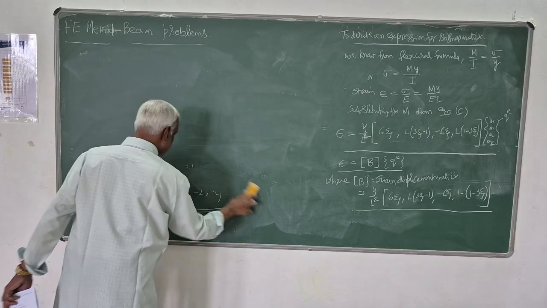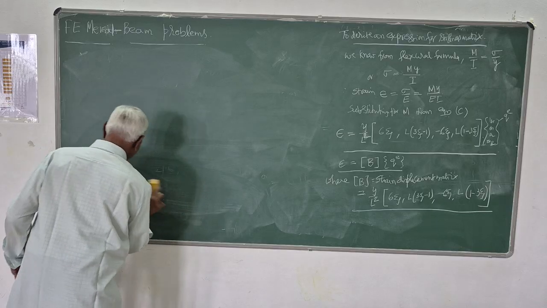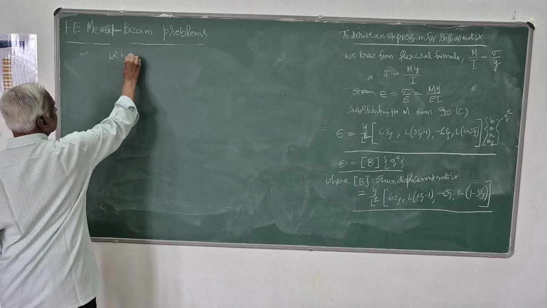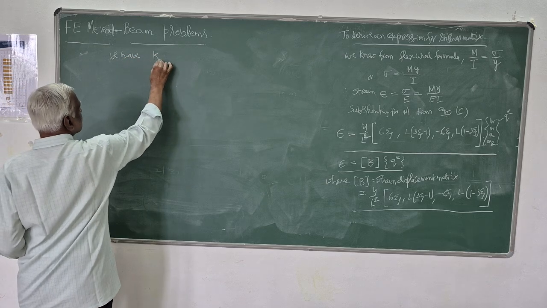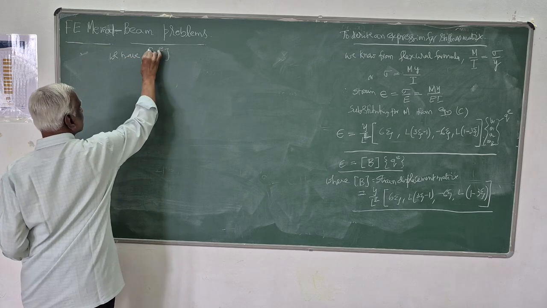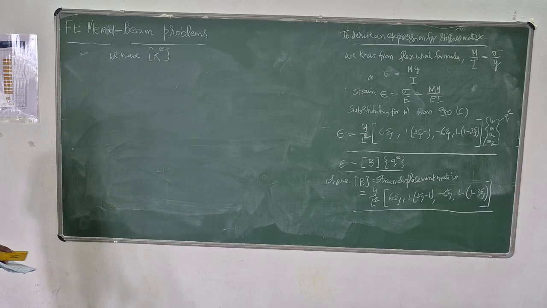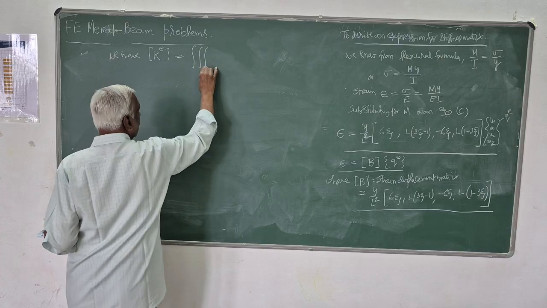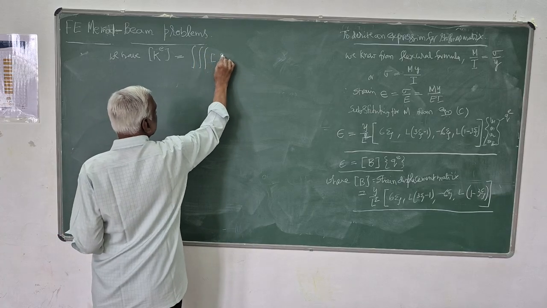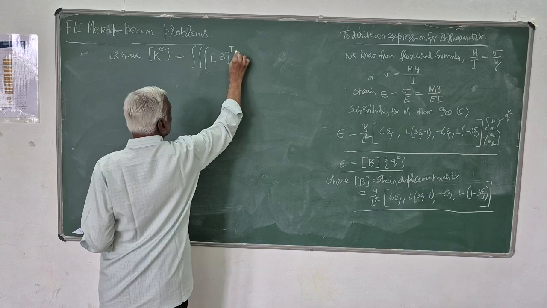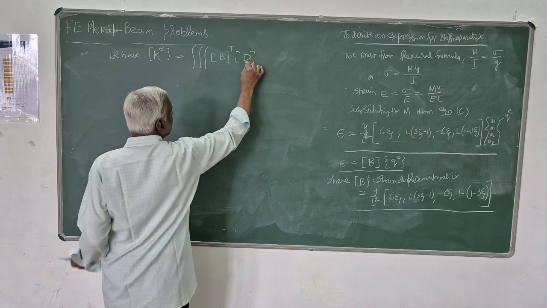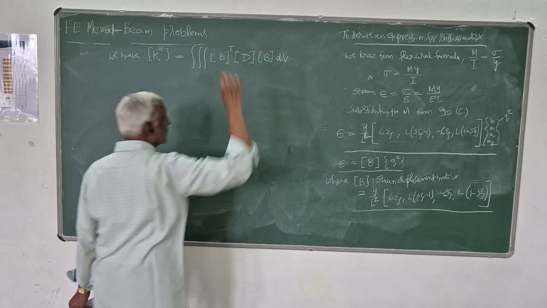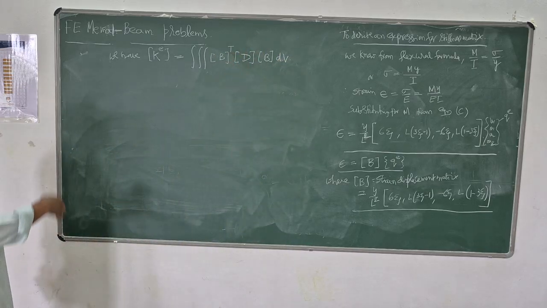So the stiffness matrix of the element is given by the volume integral of B transpose D B dV. This I have already derived in the previous class.